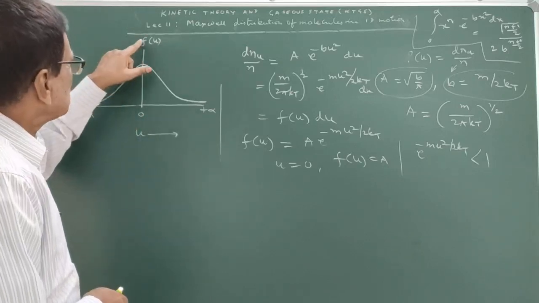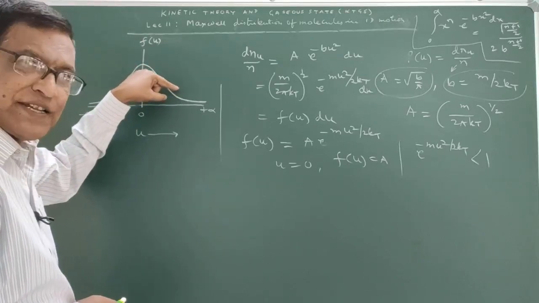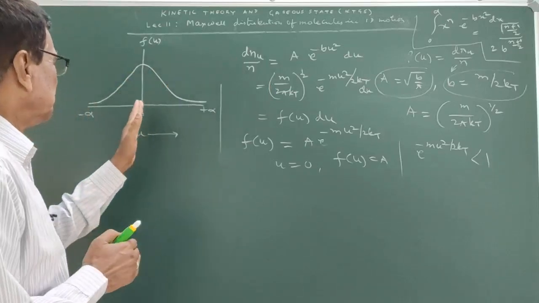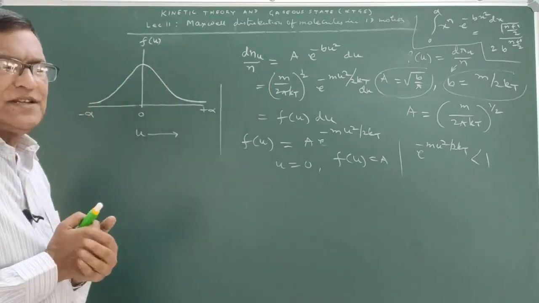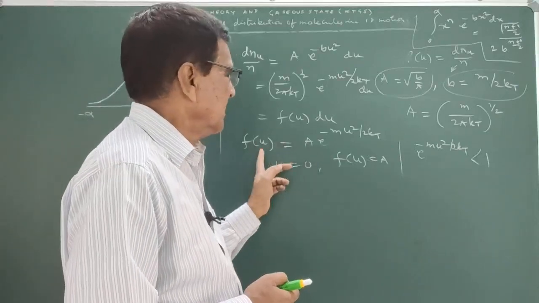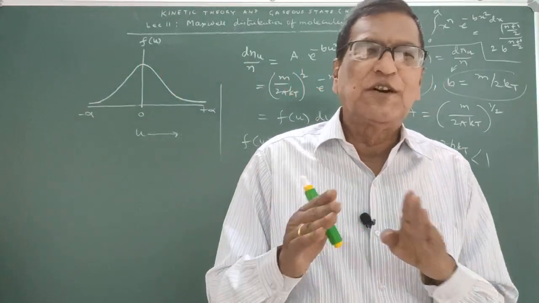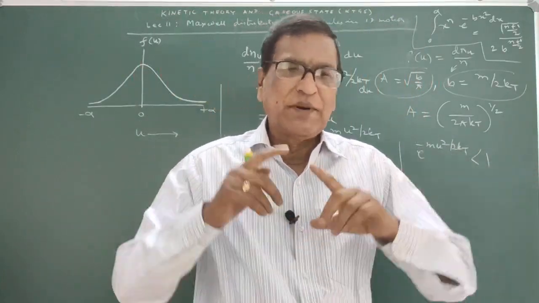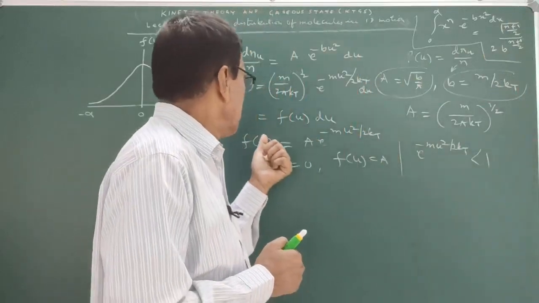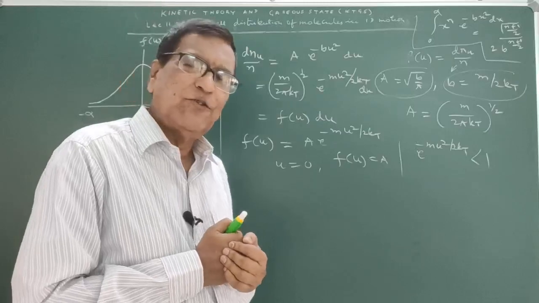And this value of the function is decreasing exponentially and becomes asymptotic. Here also, from 0 to minus infinity, the same feature will occur as this function contains u square. u may be positive or u may be negative, but u square will always be positive. So this distribution function will always be a positive value.